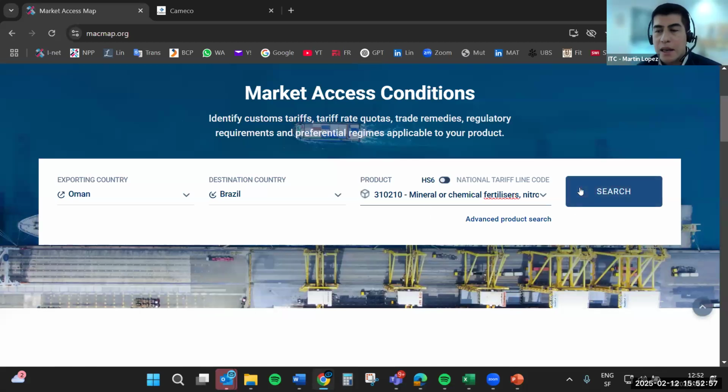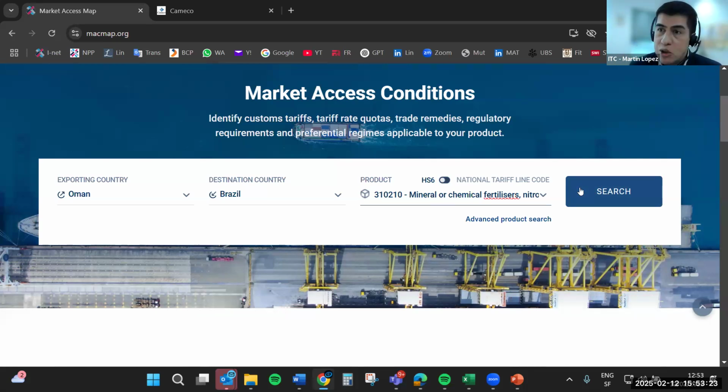What will happen once I click on search? Well, the system will tell me what we need to comply with as Omani exporters in order to be granted this authorization to access the Brazilian market of urea in terms of, number one, tariffs, and number two, non-tariff measures.